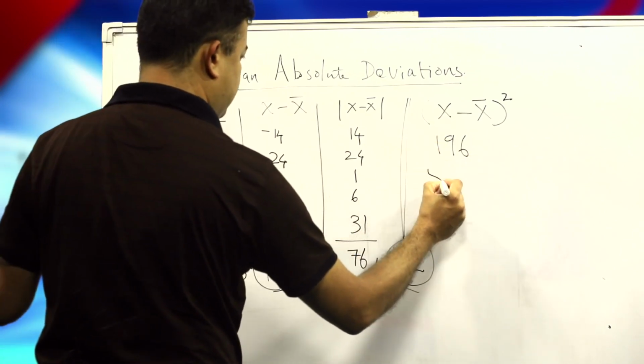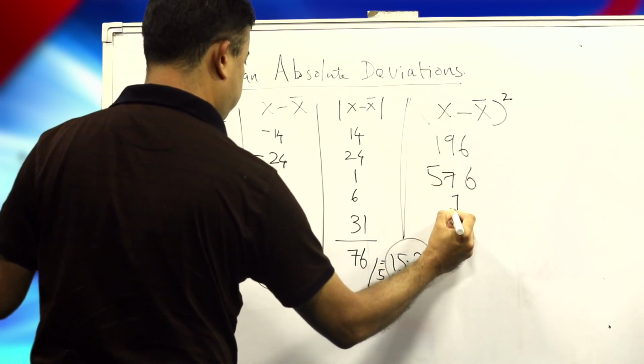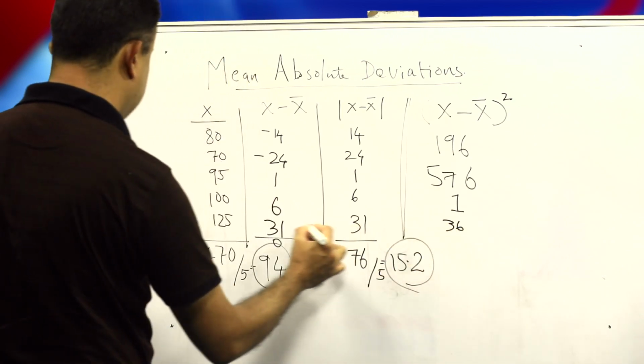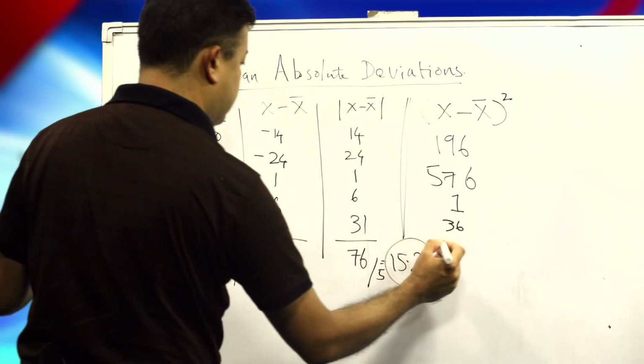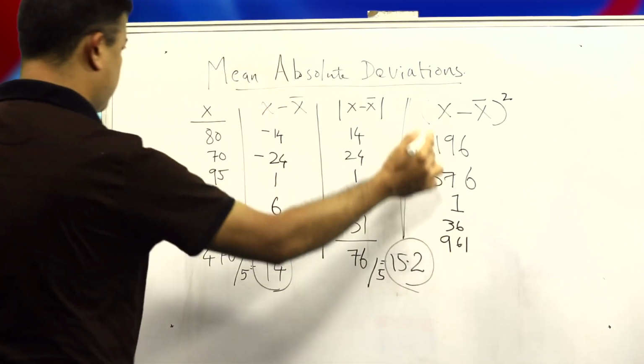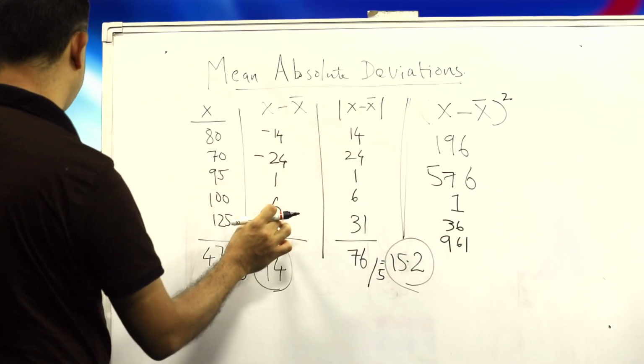Next is 576. Next is 1. Next is 36. And finally, squaring 31 will become 961. So these are the squared values of the deviations about the sample mean.